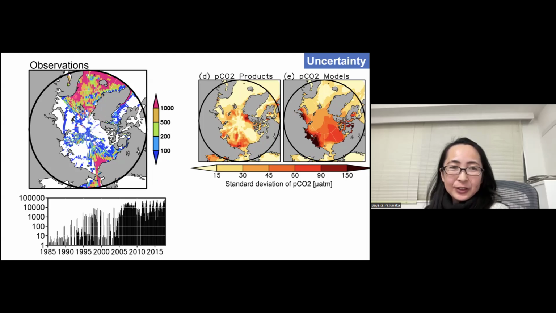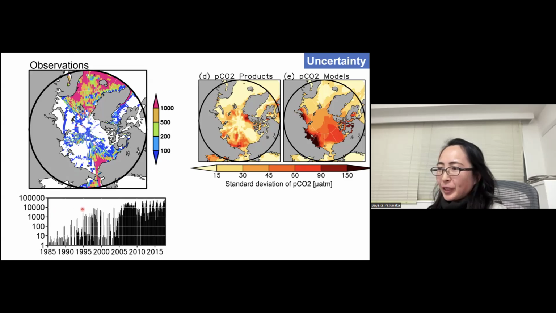The red region shows a very large number of observations, the blue region a few observations, and the white region no observations, for the period from 1985 to 2018, I think. There are many data in the Atlantic side and Pacific side, but little data in the central Arctic Ocean.